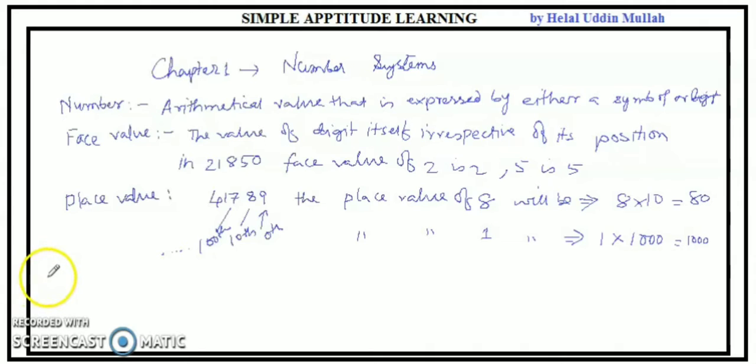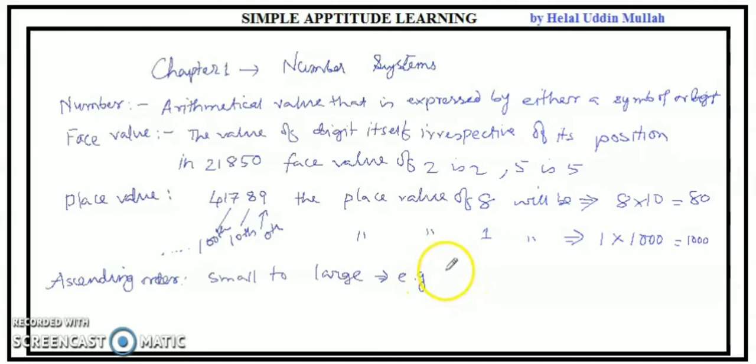And then we have two terms: ascending order of numbers, where we arrange the numbers from small to large number. For example, 3, 5, 7, 9.